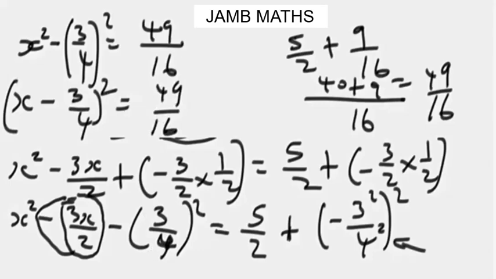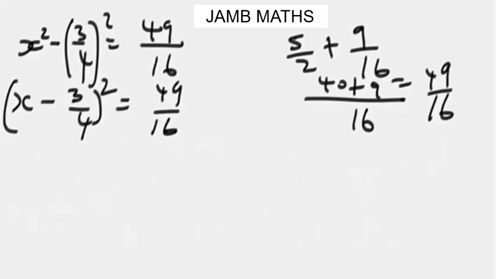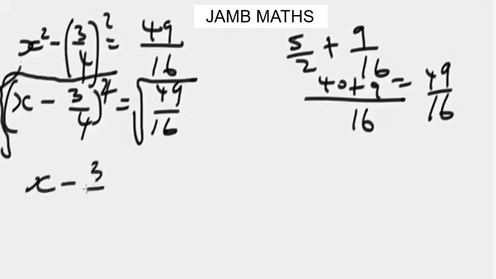Let me write below. To make x the subject, you have to square root both sides. The square cancels the square root. So we have x - 3/4 = ±7/4, since the square root of 49 is 7 and the square root of 16 is 4.